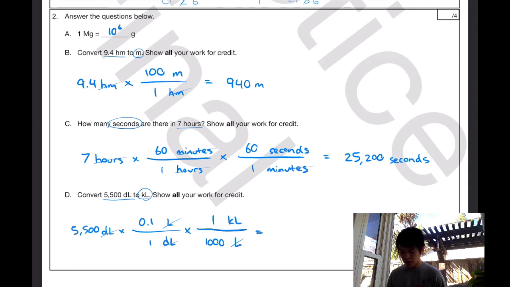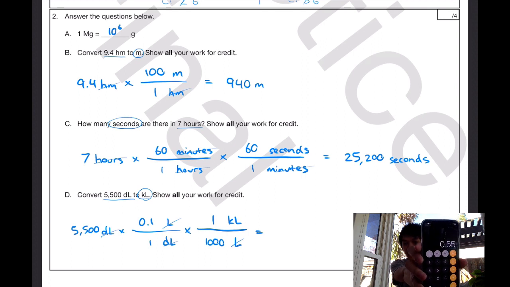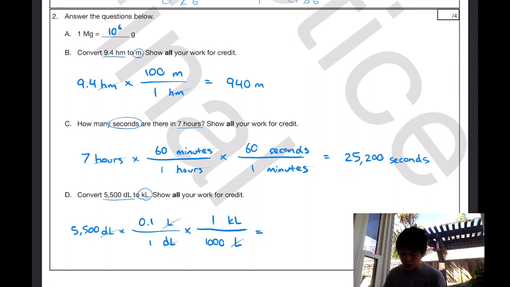And what I'm getting is 0.55. There is 0.55 kiloliters when you have 5,500 deciliters. 0.55 kiloliters for every 5,500 deciliters. Alright, and that's how we show our work for this problem.